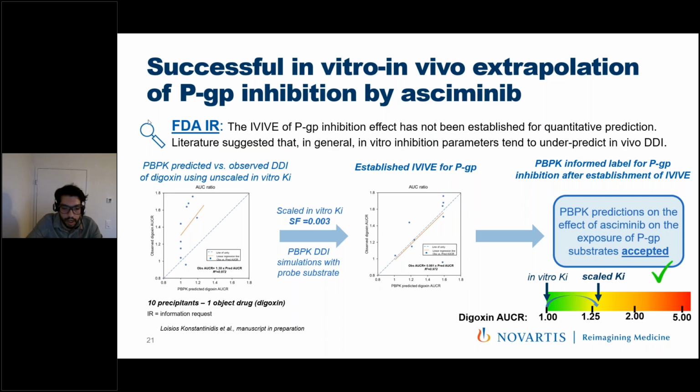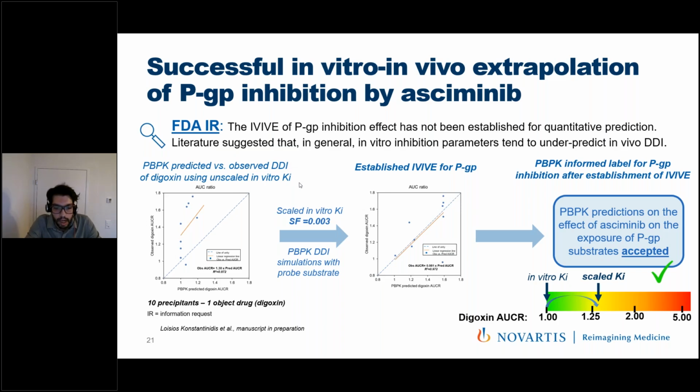And what you can see here is that when the in vitro KI is used directly for these different perpetrators, where the inhibition properties were measured in the same lab, under the same conditions and the same vesicle assay, you can see that indeed the PBPK model underpredicts the clinical DDI effect with digoxin.